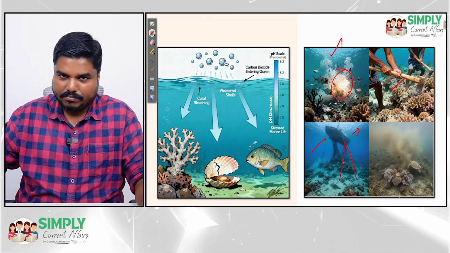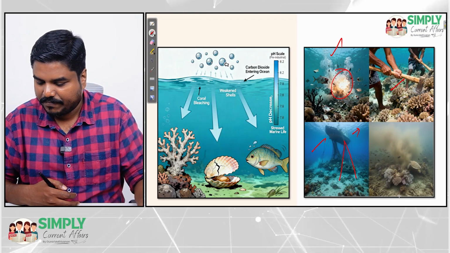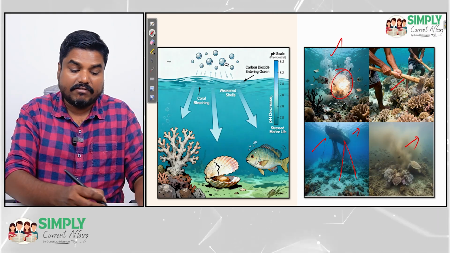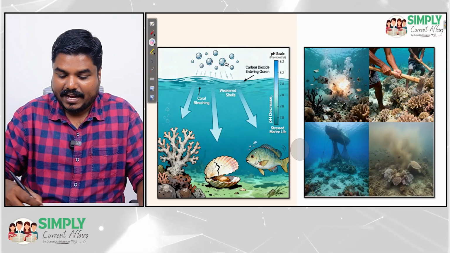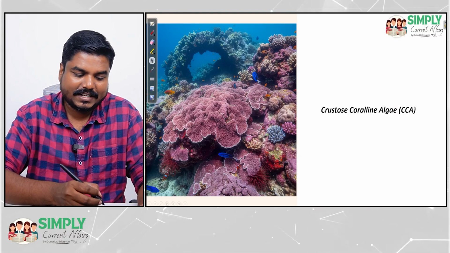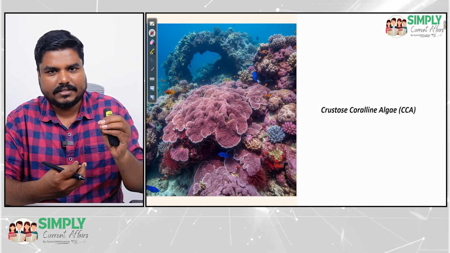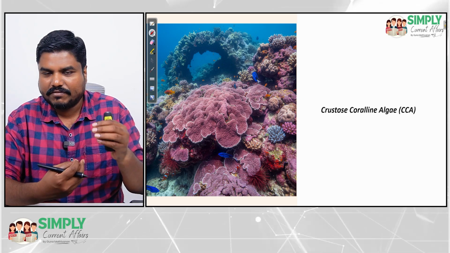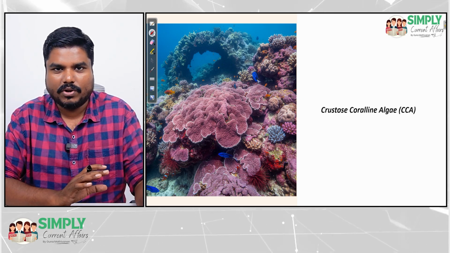The nets will be pulled along the bottom, so in that process the existing corals can also be affected. Sedimentation will affect the passage of light. The light availability will be reduced, and that is going to affect the health of the corals. So these are the important features, functions, characteristics, challenges, and threats faced by the corals.